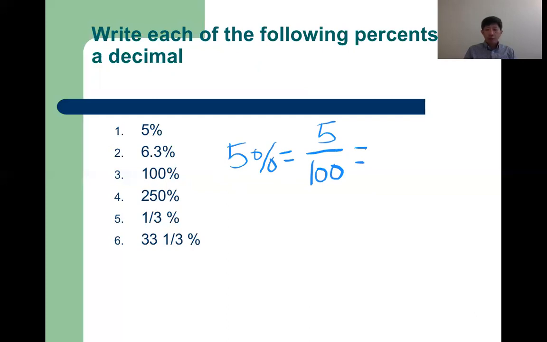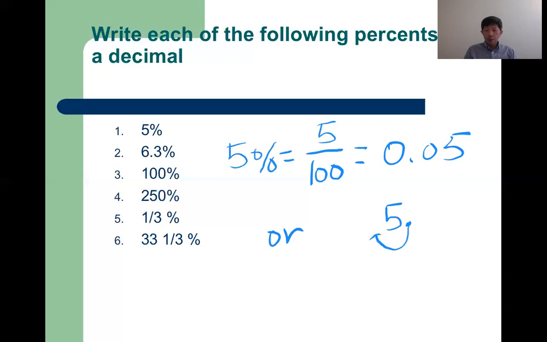Then actually this is 0.05, right? Or, because it's 5 over 100, we can start with a 5, right? And then we can count the decimal point. The decimal point is right here, with the 5 there.